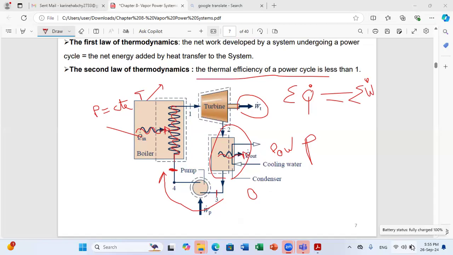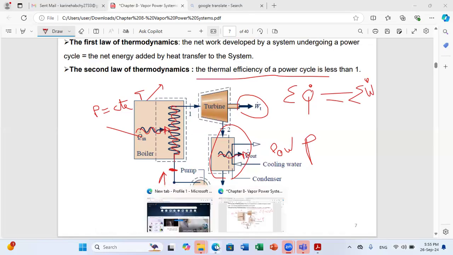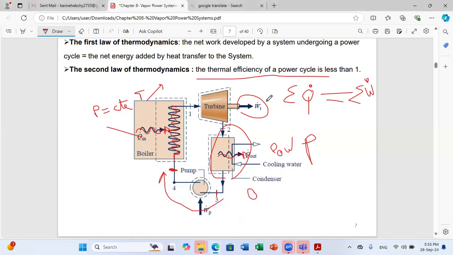Okay, so let us continue. We were discussing together how we can apply the first and second law of thermodynamics to our Rankine cycle. We just have to say that the sum of Q dot is equal to the sum of W dot. And you know that for heat, everything coming in is counted as positive.